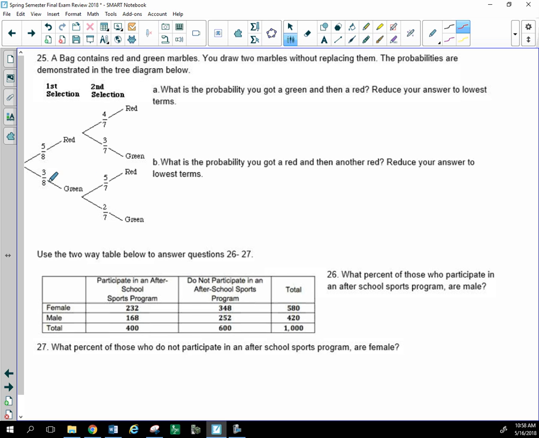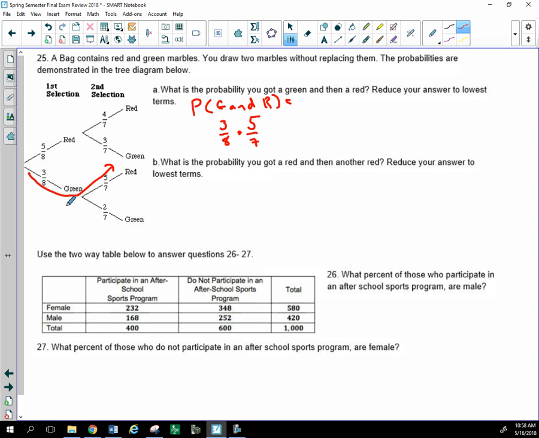Well, if we're going to a green to a red, first we pick a green, so we go down this branch. And then if we want a red, we would go up this branch. So the probability that we go green and then red, well, it looks like the probability of the green is 3/8, and the probability of a red is 5/7.